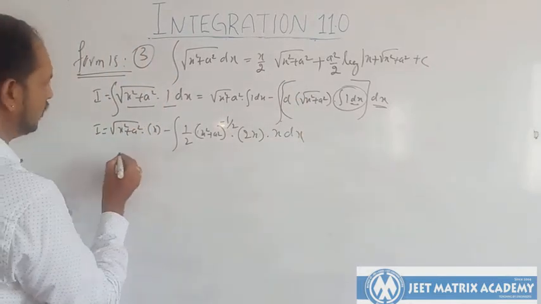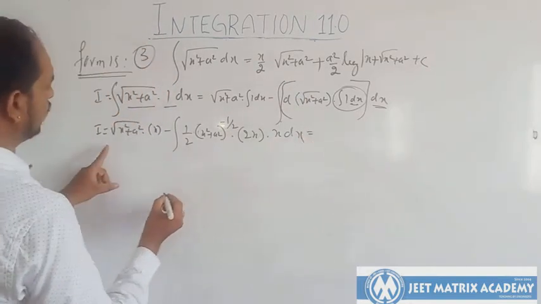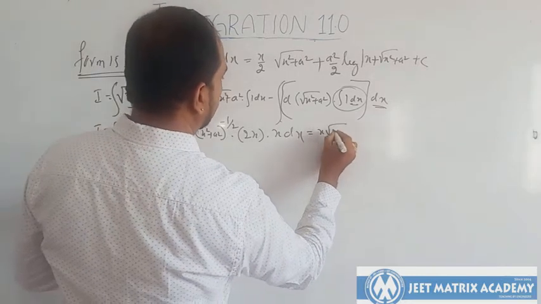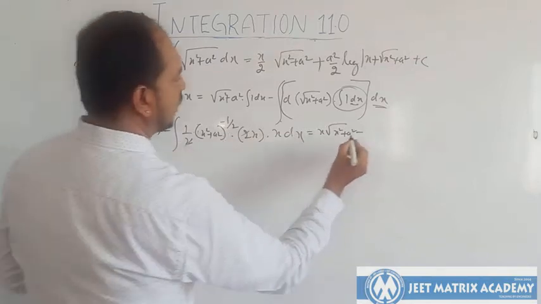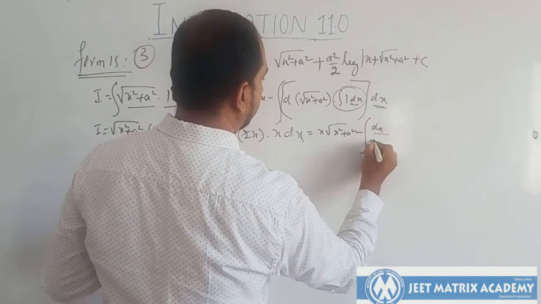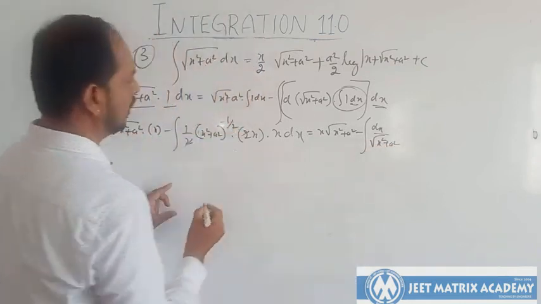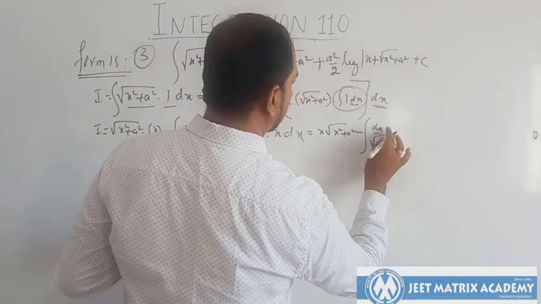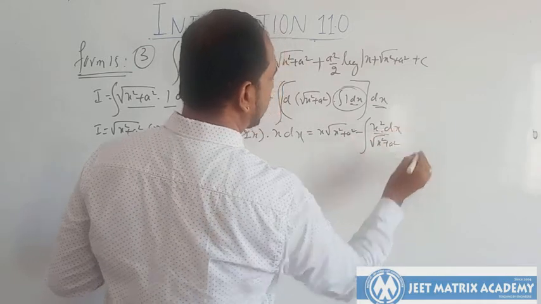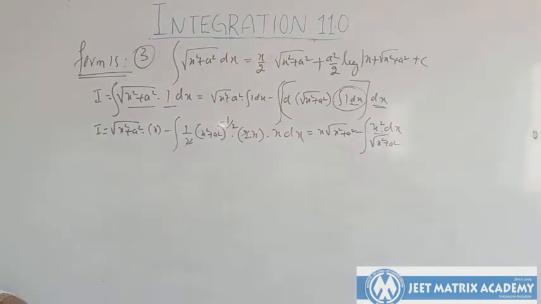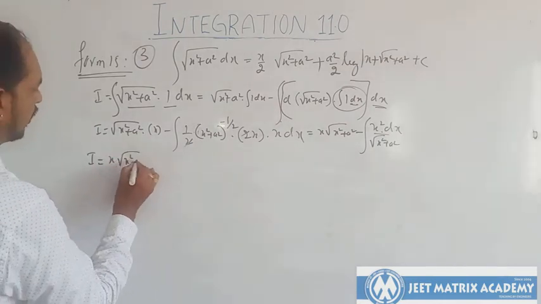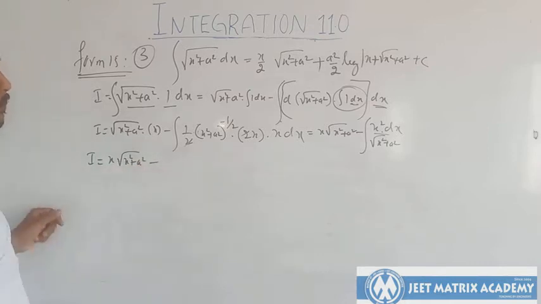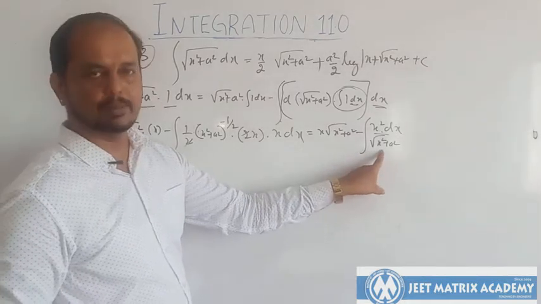Now simplification. This is equal to x into root of x square plus a square minus, this 2 gets cancelled, the integration of x square dx divided by root of x square plus a square. Now I equal to x into root of x square plus a square minus, again you have to manipulate.